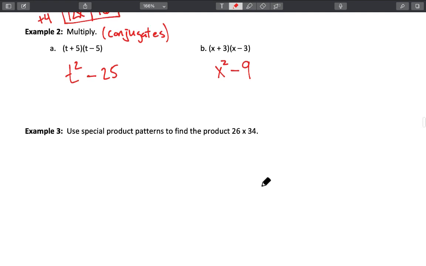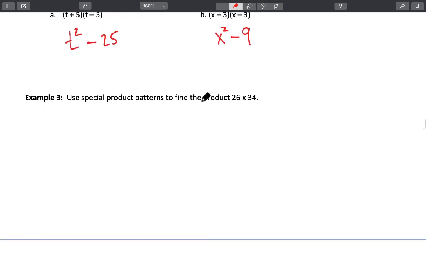Now, this all leads to another interesting pattern when you're multiplying numbers that differ by the same amount from their nearest multiple of 10. This special product pattern helps us find the product of 26 times 34 and other numbers as well. The way we do that is 26 is really just 30 minus 4, and 34 is really just 30 plus 4.